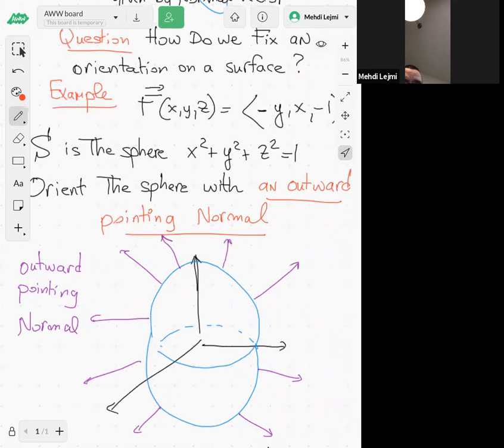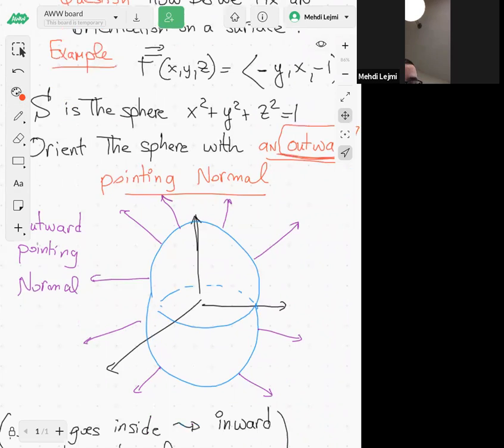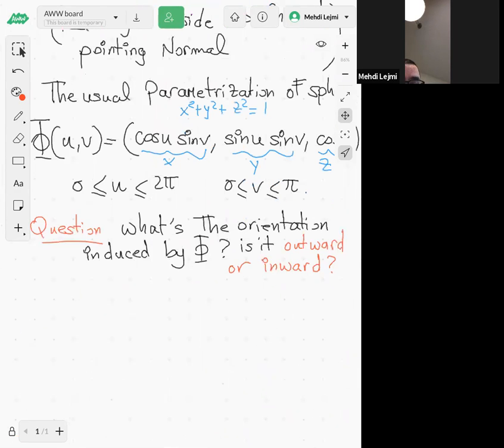So we need an outward pointing normal. So let's see, what's the direction of the normal vector in this case?